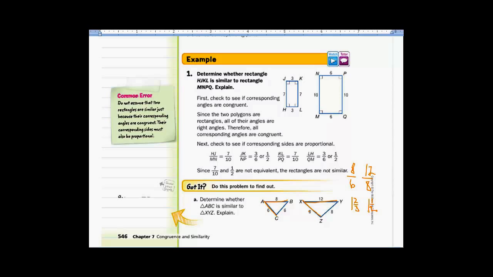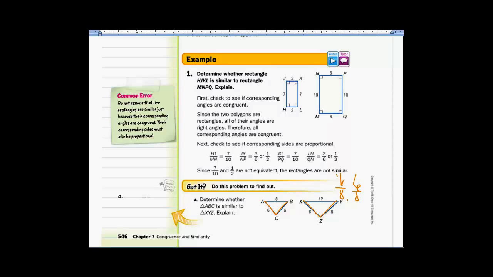Now, the only problem that you may run into is if you try, what if you did this? 6 is to 8 as 6 is to 8. Oh, look at that. 48, 48, 6/8 reduces to 3/4, 6/8 reduces to 3/4.